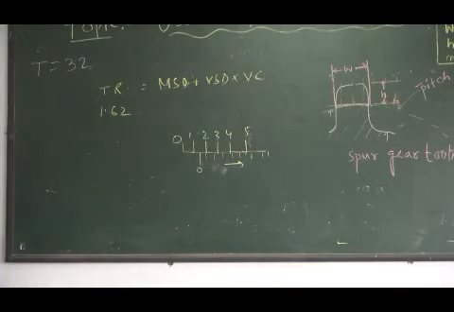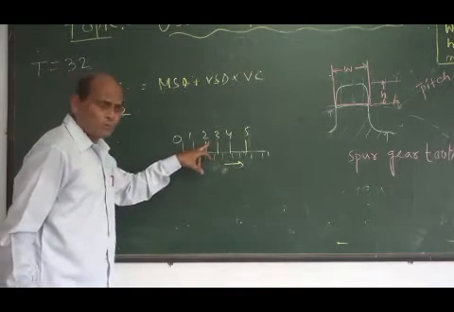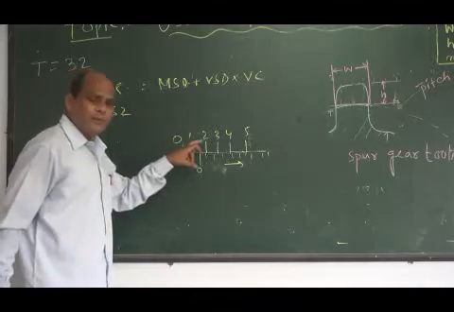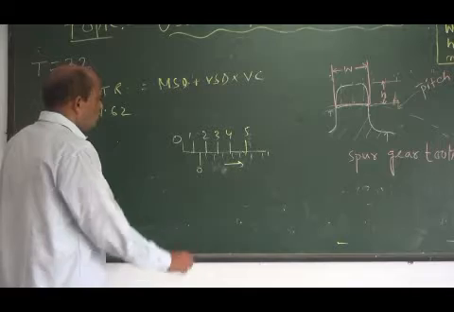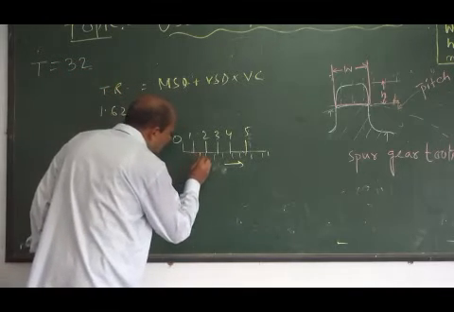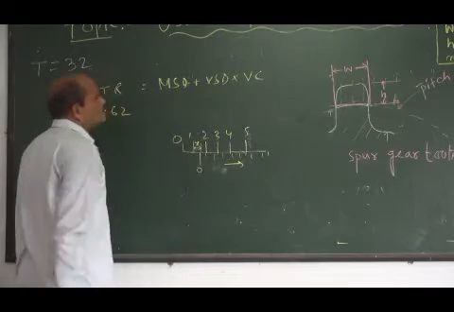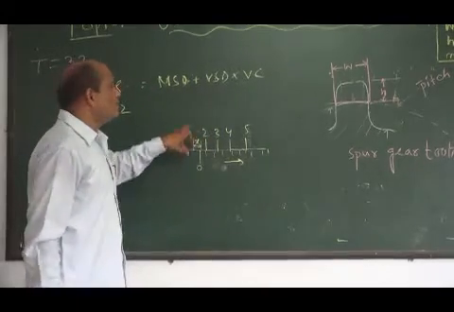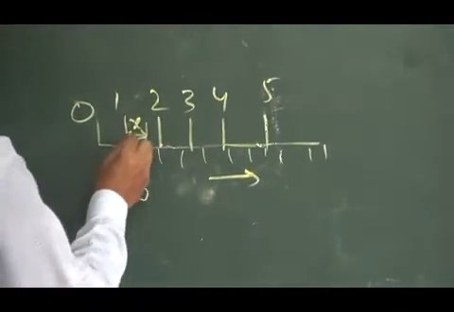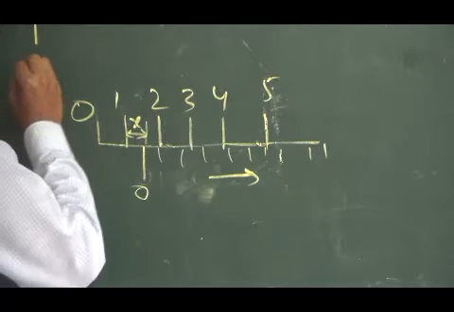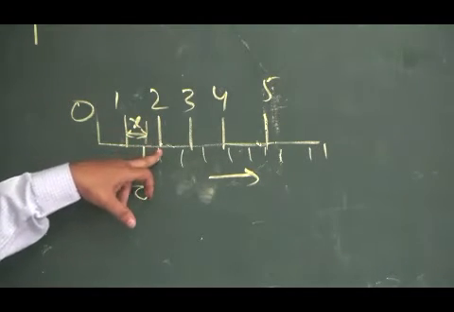So vernier division lies between 1 and 2, because the reading is 1.62 millimeter. So 1 millimeter and 2 millimeter, in between them. So what is the position of this? This is equal to x, and this value we can find out. How? Now 1.62 equal to 1, that is the main scale reading, that is confirm 1, but it is not 2.